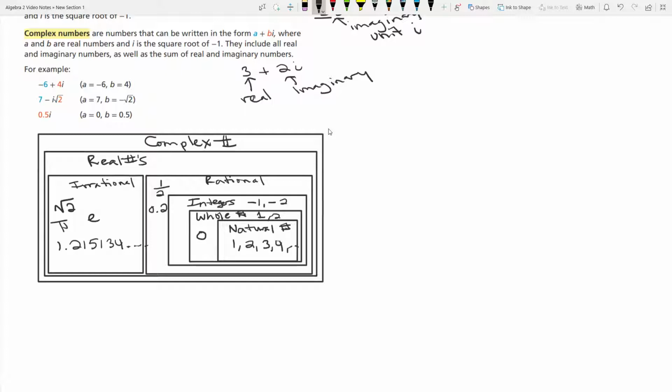Whole numbers include the natural numbers and 0. Integers include the whole numbers and negative numbers. Rational numbers include the integers as well as fractions. Irrational numbers are completely separate and are not fractions at all. Real numbers have all of these numbers combined, and complex numbers have all of these number systems combined into one.